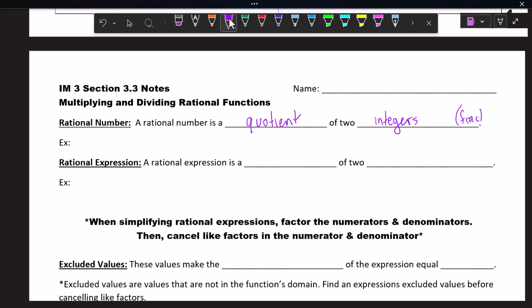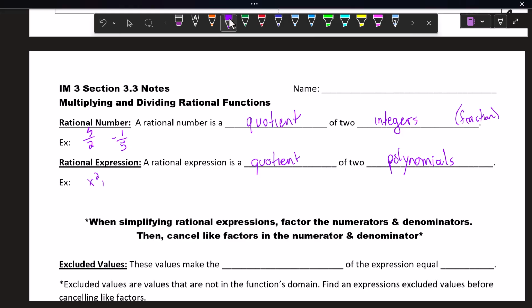It's a fraction. 5 over 2, negative 1 over 5, whatever else you have. A rational expression is the quotient still, but of two polynomials. So all those functions we were dealing with before, they're going to be in our fractions.